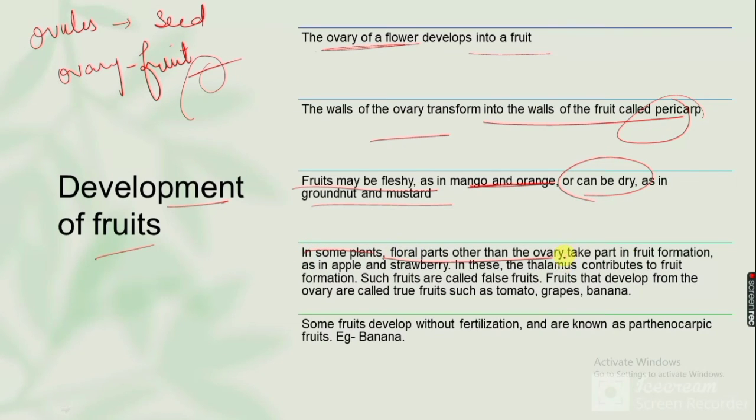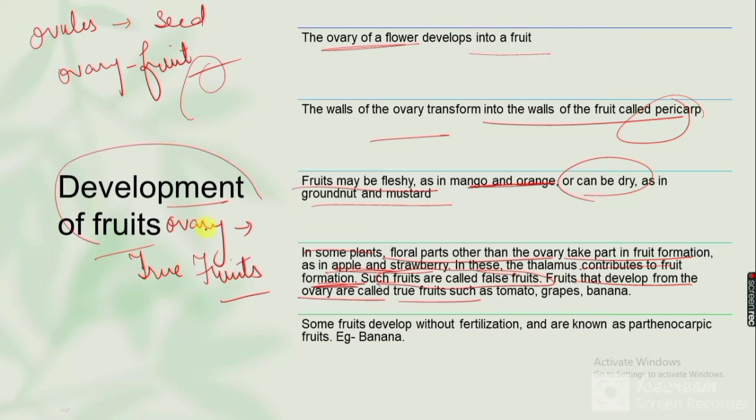In some plants, floral parts other than the ovary take part in fruit formation. In these, the thalamus contributes to fruit formation. Such fruits are known as false fruits. Fruits that develop from the ovary are known as true fruits.